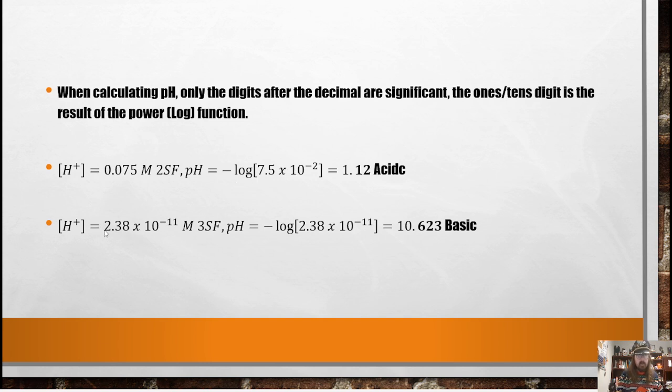If I had a concentration of 2.38 times 10 to the negative 11th, these three numbers are our significant figures. And so when we do the negative log, we'd get a pH that is in the basic scale. The 10 to the negative 11th says it's between 10 and 11. And then 2.38 converts it into 10.623.